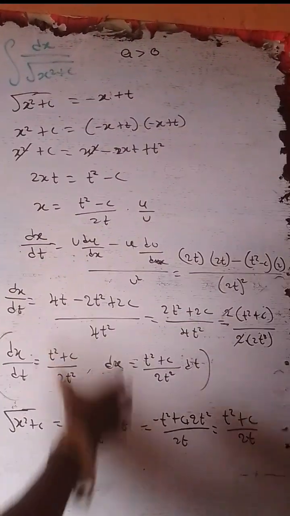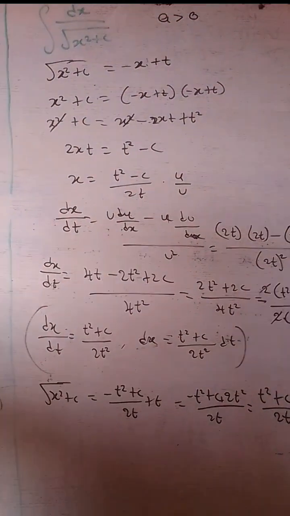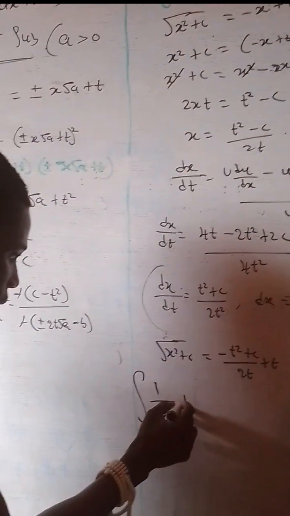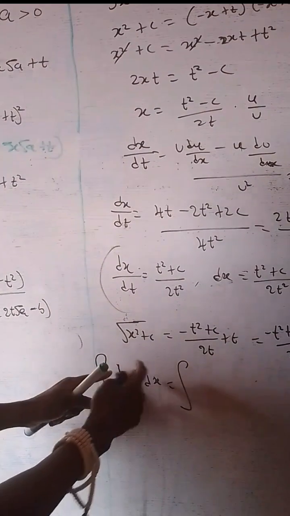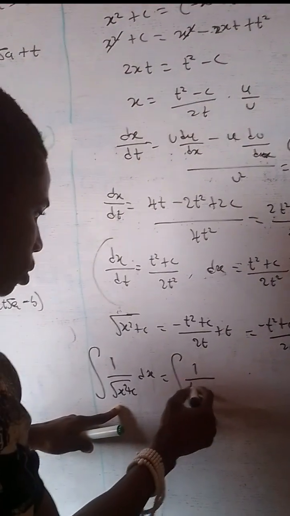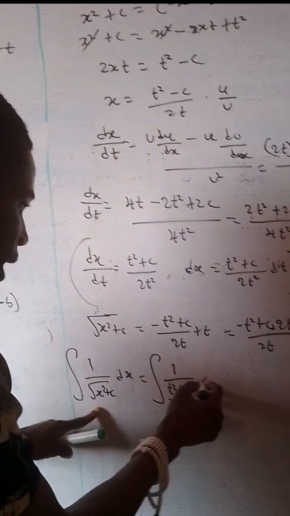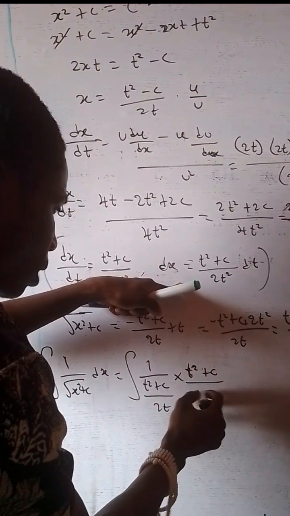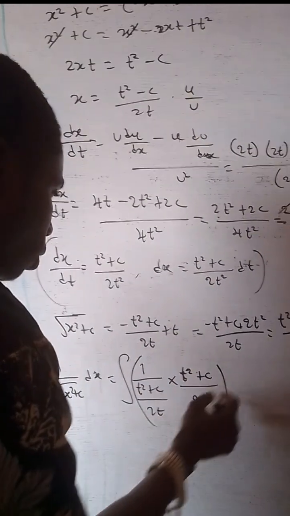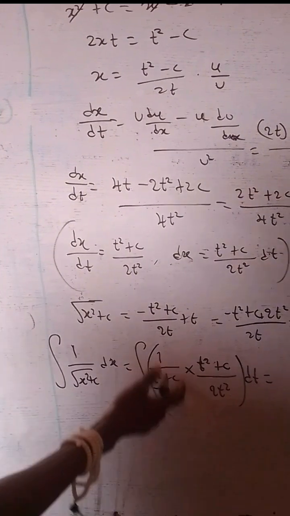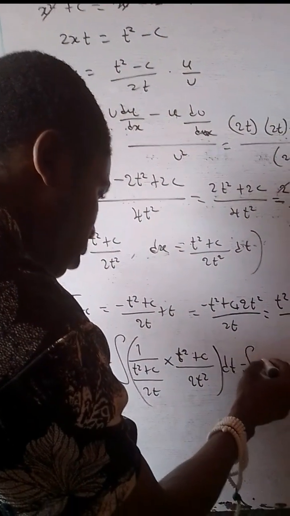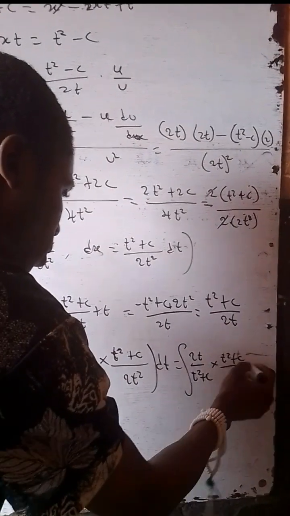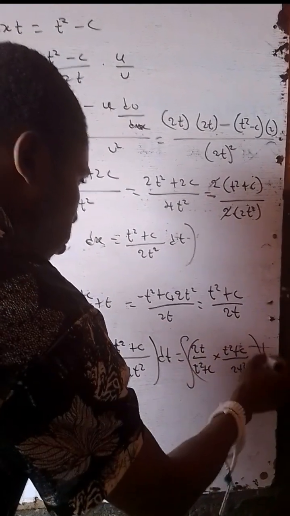Then shifting this whole value into the integral, you'll have integrating 1 over root x squared plus c dx, which equals integrating 1 over t squared plus c over 2t, times our dx, which is t squared plus c over 2t squared dt, right? Without much time, let me put it down to make it easier for myself: 2t over t squared plus c times t squared plus c over 2t squared, and we all have our dt.